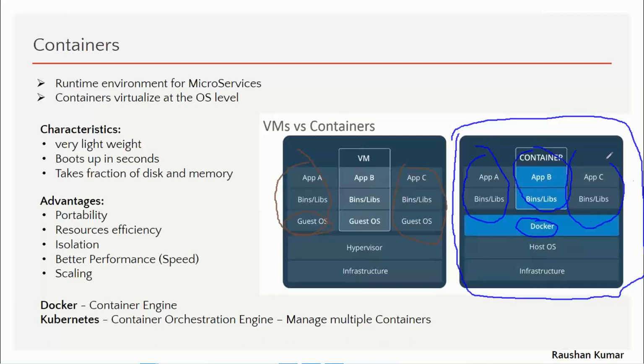The idea is that the hypervisor virtualizes the hardware, but the container engine virtualizes the host operating system. That is why these containers do not need a separate operating system, though they are separate applications. This is a web server, this is the app server, this is a database server.